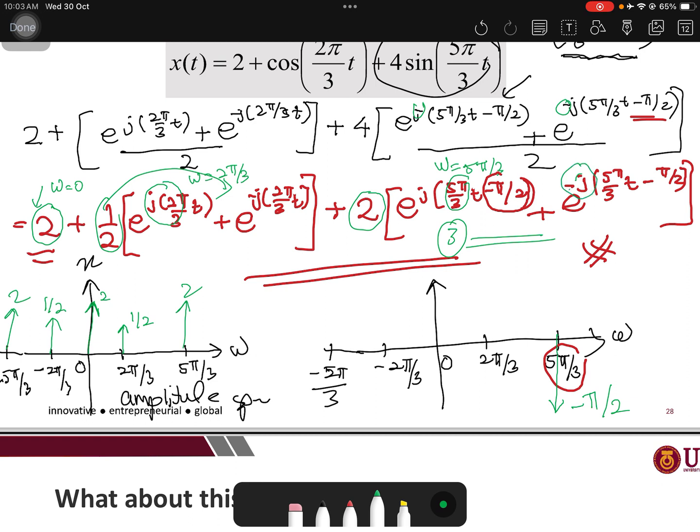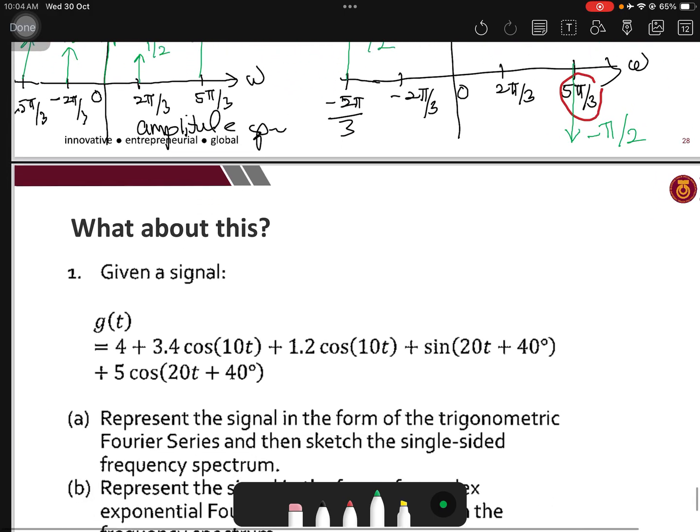The negative side is negative j, so if you expand, you will get positive π/2. This is how you plot the phase spectrum and the amplitude spectrum for the double-sided. It is very tricky to draw the phase spectrum, especially for the double-sided, so you need to be very careful.